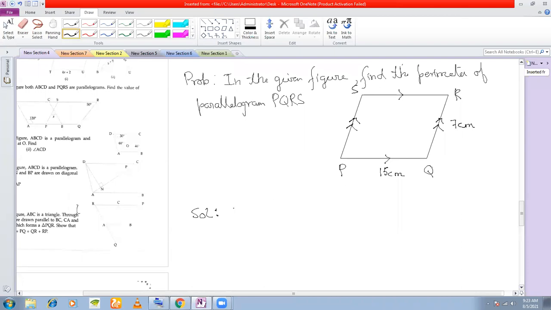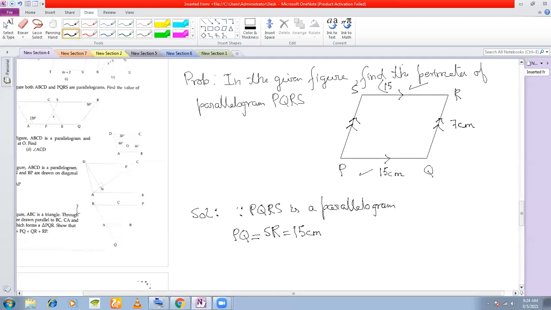So first of all, you say, since PQRS is a parallelogram, opposite sides must be equal. Therefore, PQ, we can take this side, PQ must be equal to SR. What is the length of PQ given? 15. So PQ and SR both are 15. This is 15.